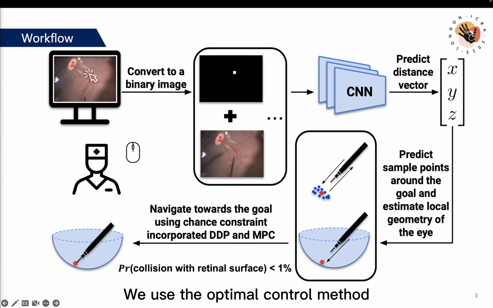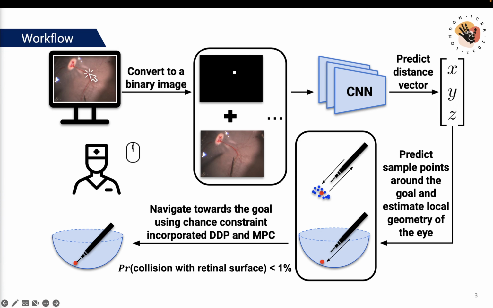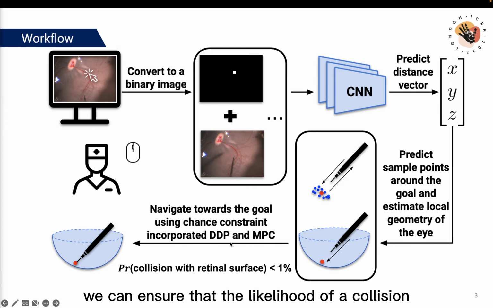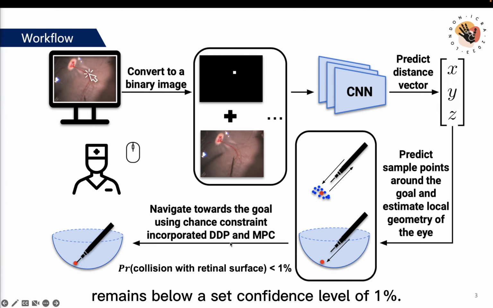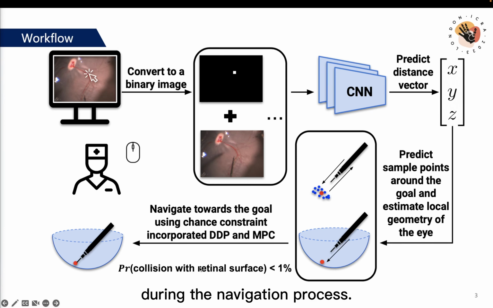We use an optimal control method to generate a trajectory towards the goal position. By incorporating the chance constraint into the cost function, we can ensure that the likelihood of collision with the retinal surface remains below a set confidence level of 1%. This approach offers the advantage of increased safety during the navigation process.